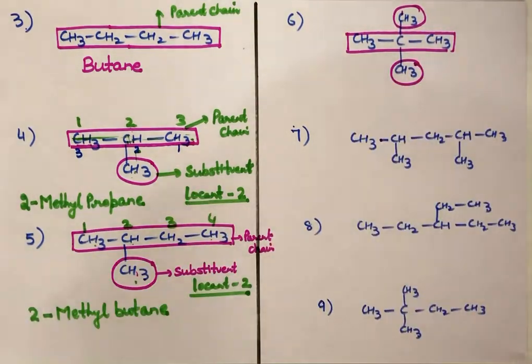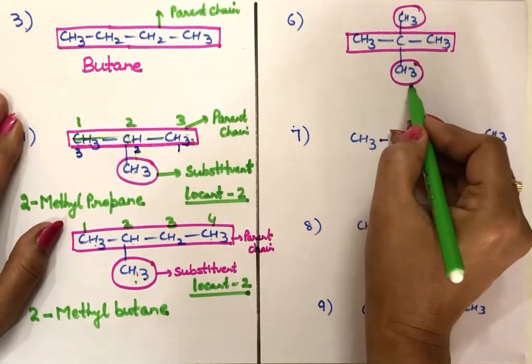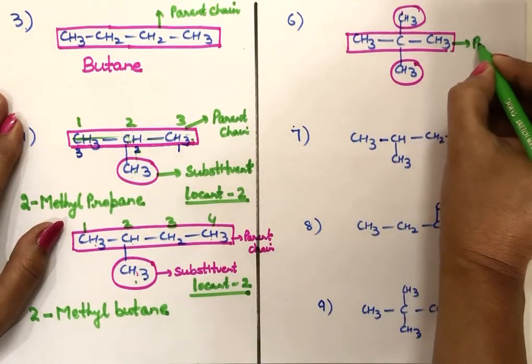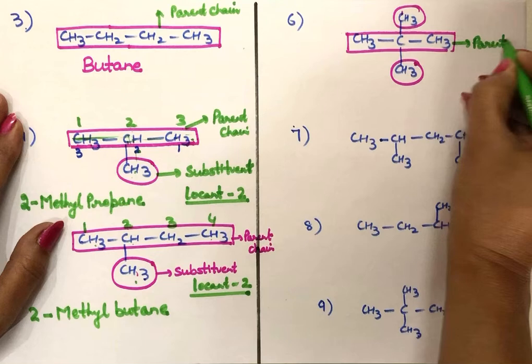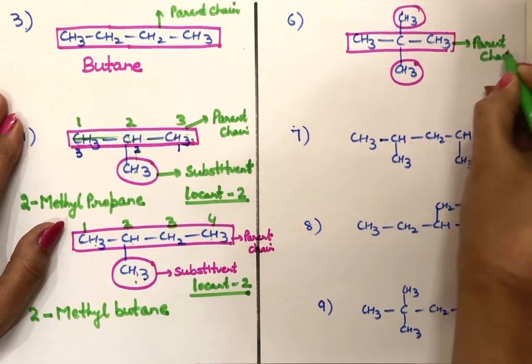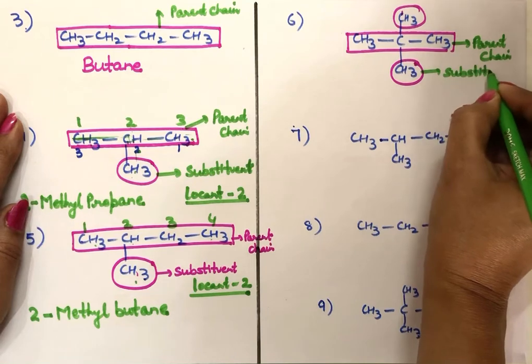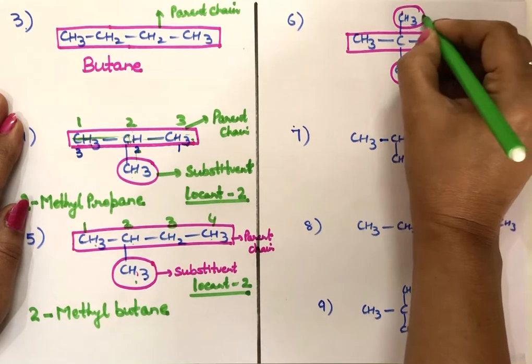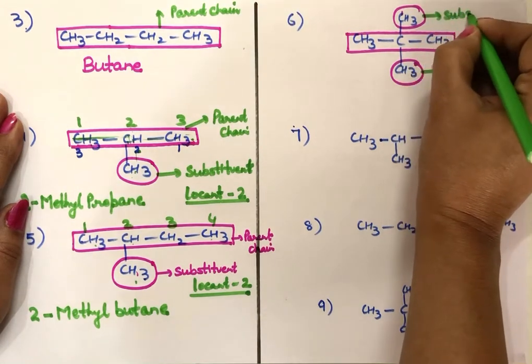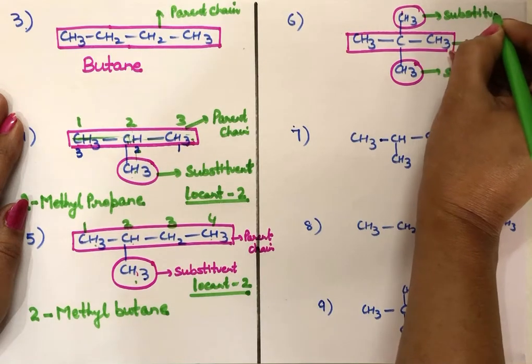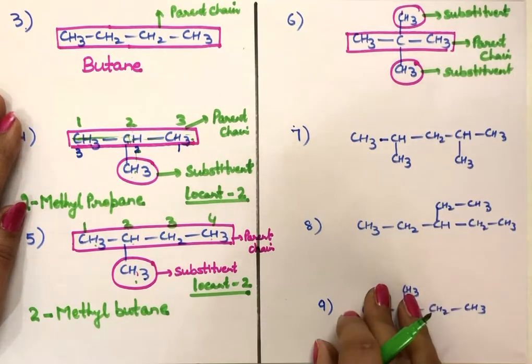And these 2 are not included in the parent chain. That means these 2 will be the substituents. So this is the parent chain, this is a substituent, and this is also a substituent. So now in this compound there are two substituents.